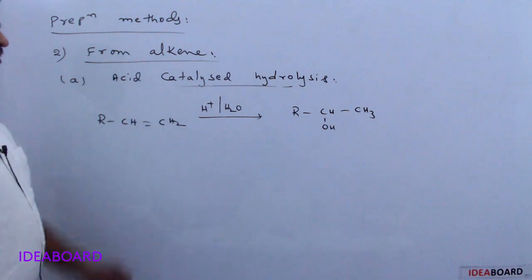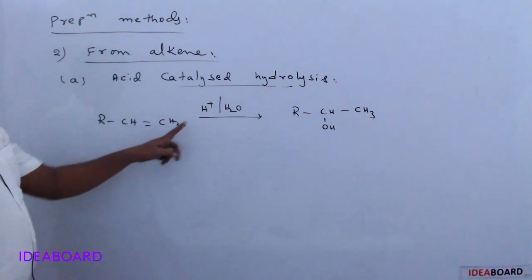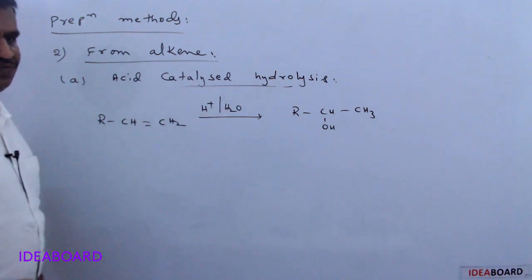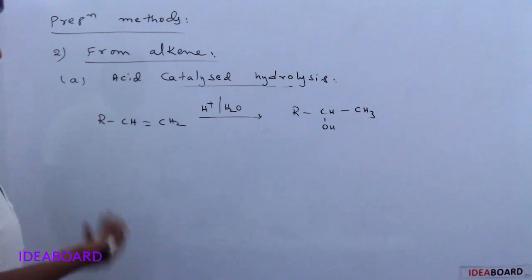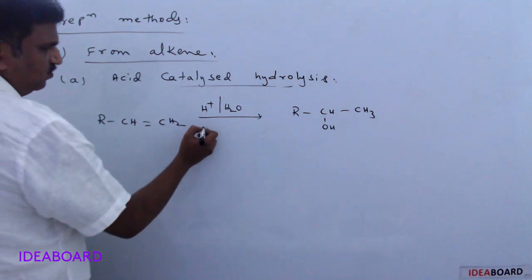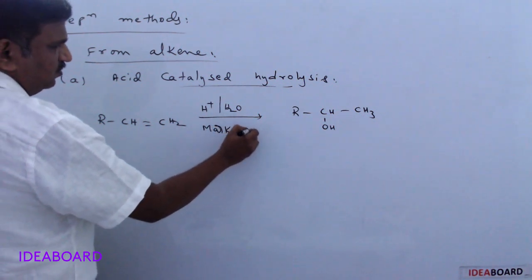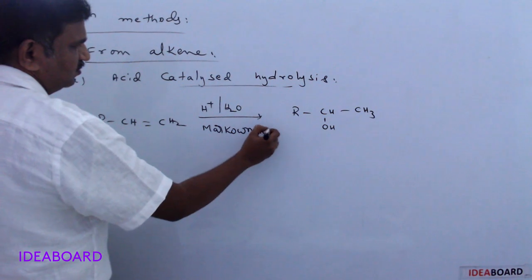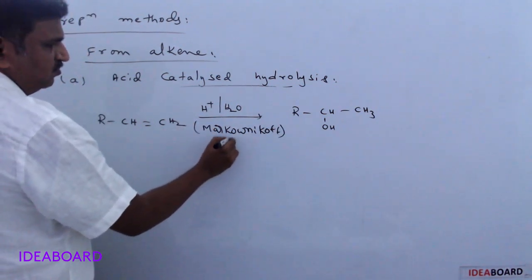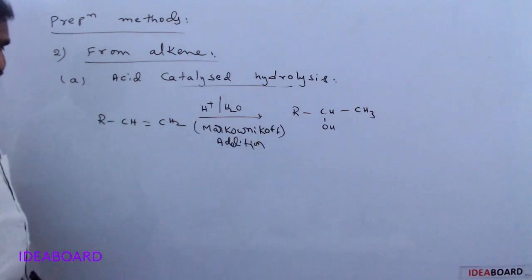Means in the water molecule, H is added on this carbon, and the OH group is added on this carbon. In the water molecule, OH minus is the negative part, and this is simply called Markovnikov addition. So the Markovnikov addition reaction occurs by the acid catalyzed hydrolysis process.